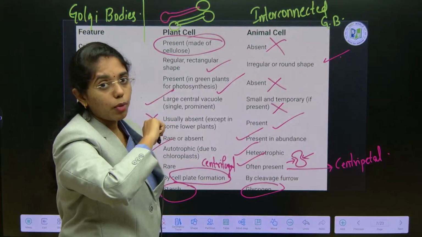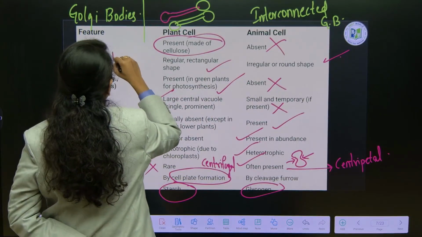This type of Golgi bodies in a plant cell are addressed as dictyosomes.